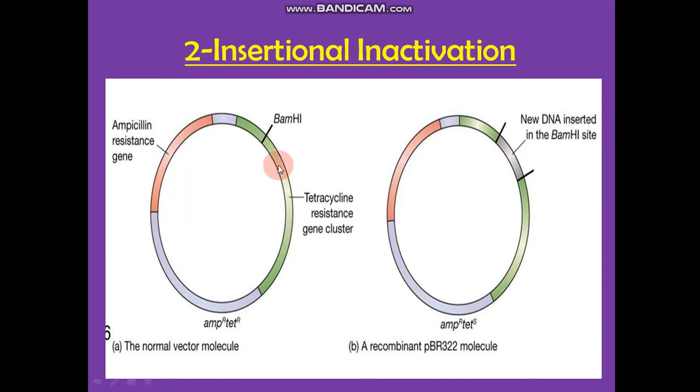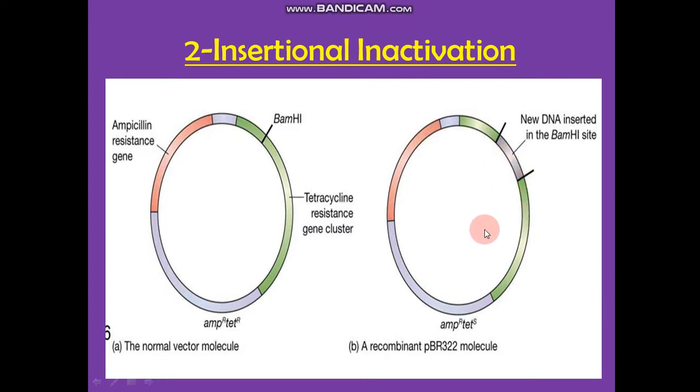The cells with the normal vector molecule, which do not have the DNA insert, will grow on both the mediums. One medium was containing ampicillin, another medium was containing tetracycline. They will grow on both the mediums. Whereas the recombinant one will not grow in tetracycline. Why?